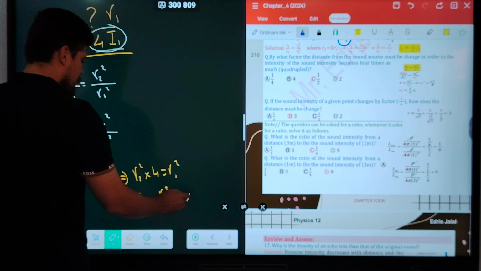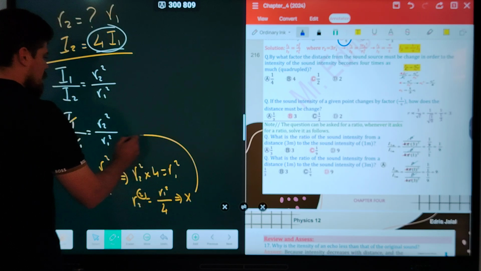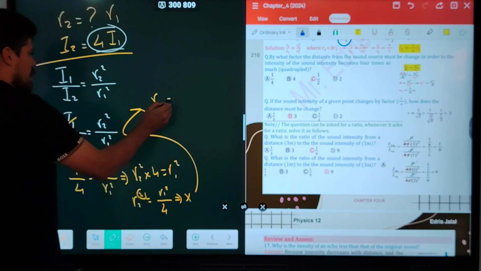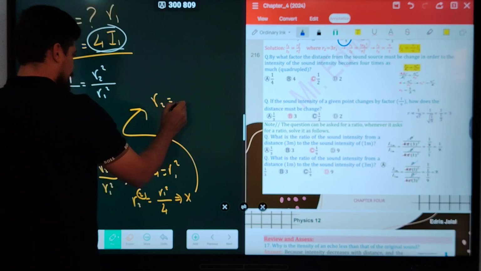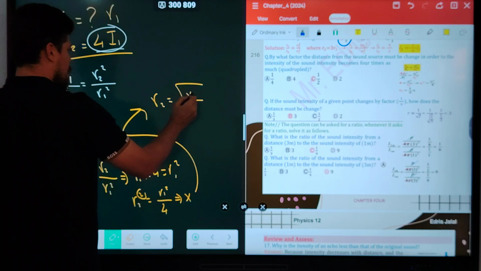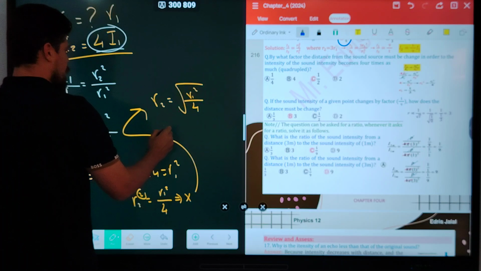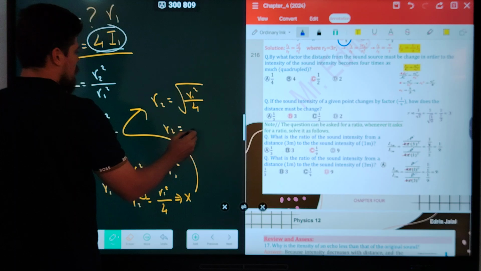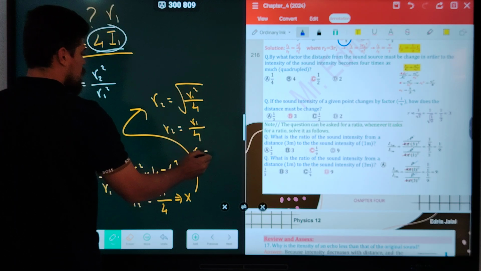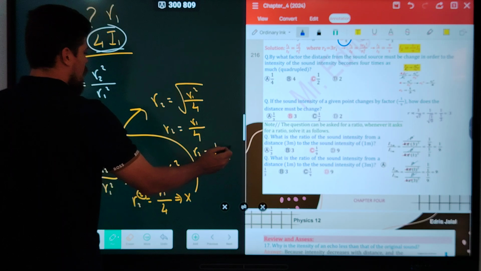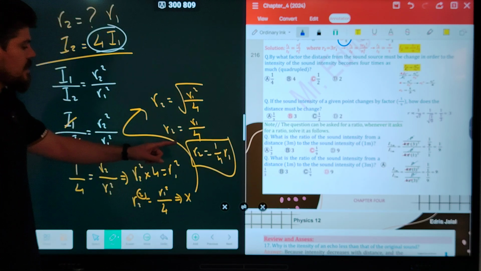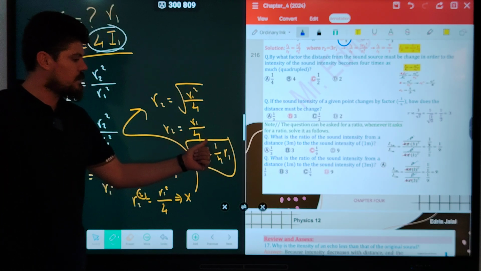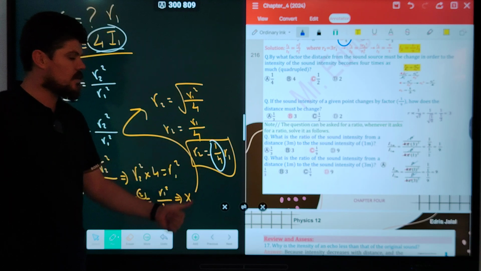Take the radical to remove the square. R2 is equal to radical of R1 squared over 4. R2 is equal to R1 over 4, or 1 over 4 of R1. The second distance must be changed by factor 1 over 4.